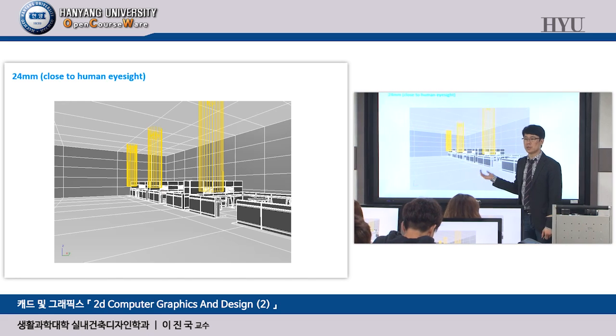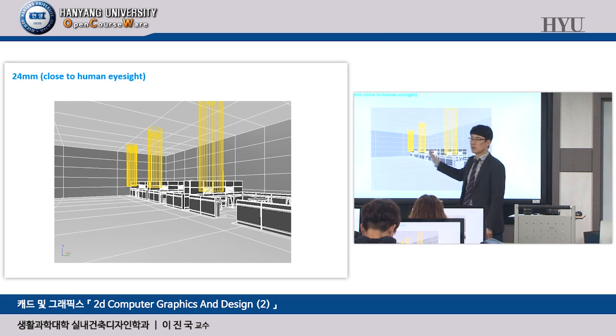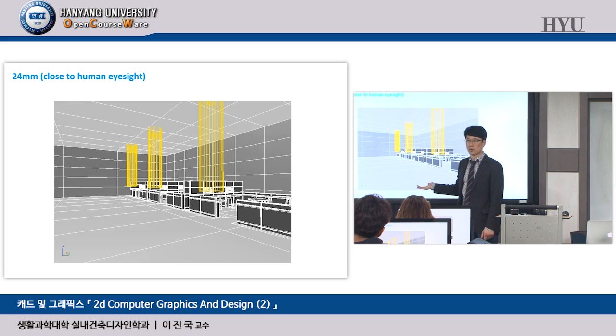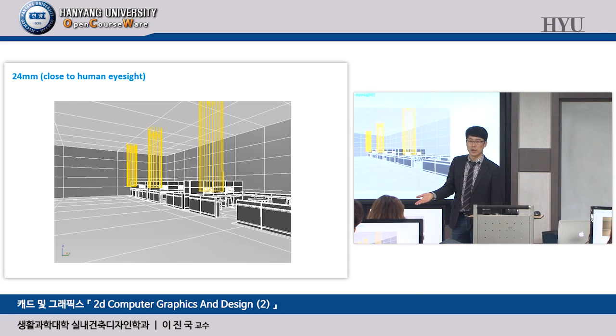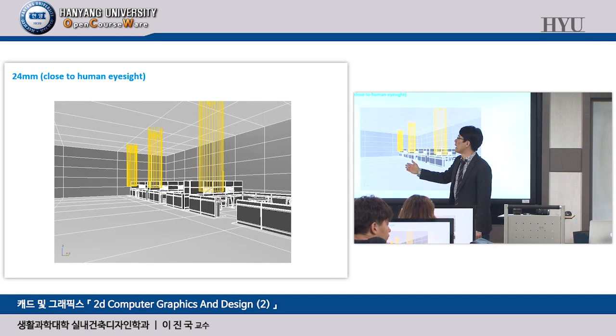So whenever you see an interior scene or the actual interior of a specific indoor space, you see this angle of view through your human eye. What if the angle is wider than 24 millimeter?